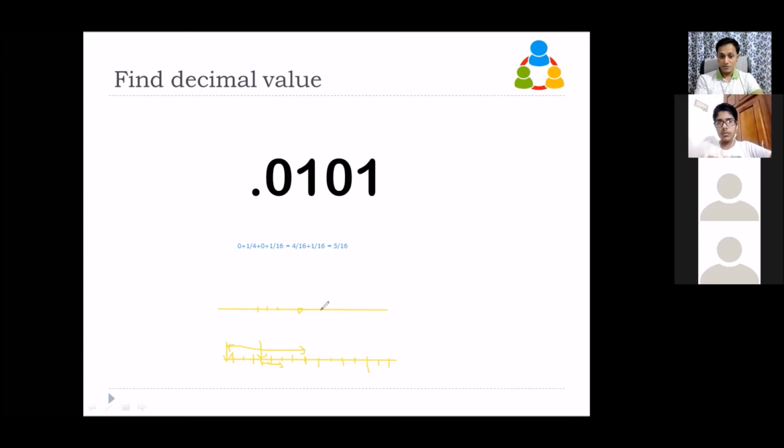Now we know, as it is 1, our value is between this and this. So this is the point, as of now, what we have got. What is this point? From here you count. This is divided into 16 pieces. This is 1 by 16, 2 by 16, 3 by 16, 4 by 16, 5 by 16 is our point.